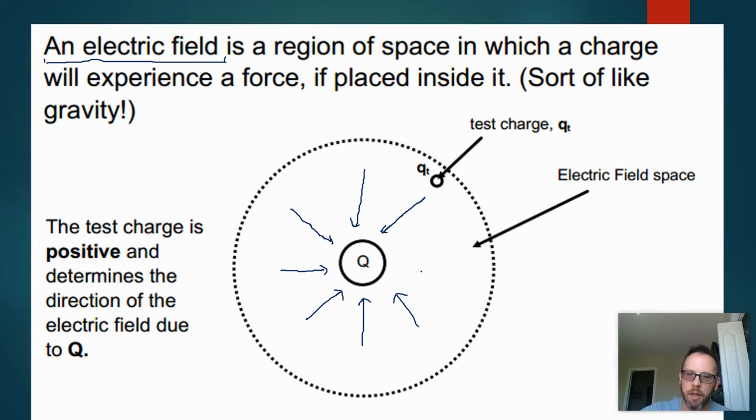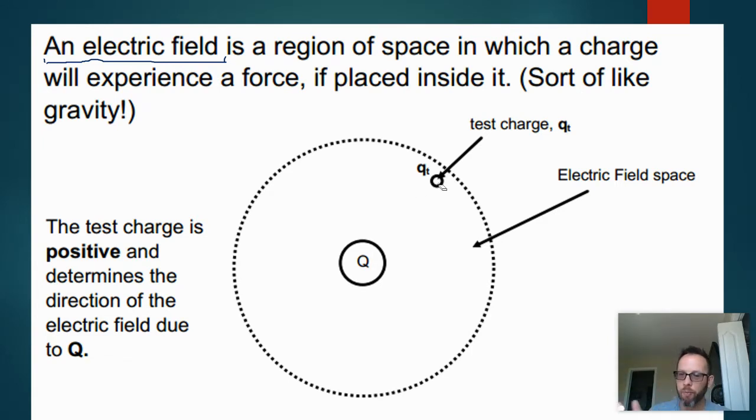That was easy. But how do we draw the field lines for an electric field? It totally depends on the signs of the charges. If you have two unlike charges, then it'll be like gravity, where you're attracting that small charge. But if they're like charges, they're going to repel and the arrows would be going outwards.